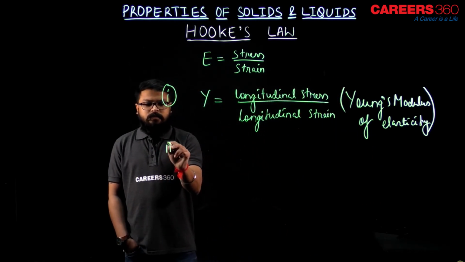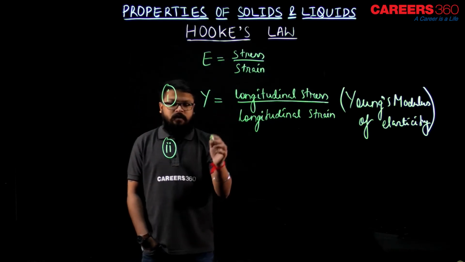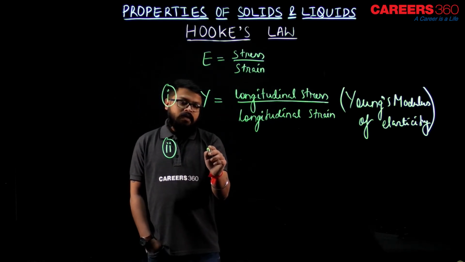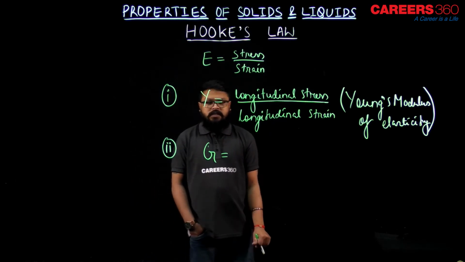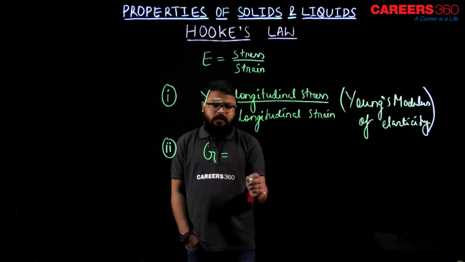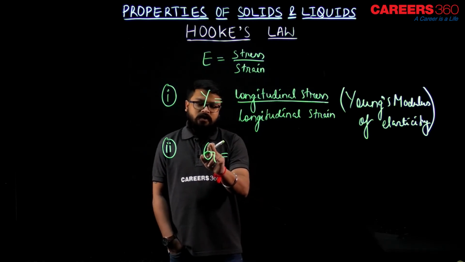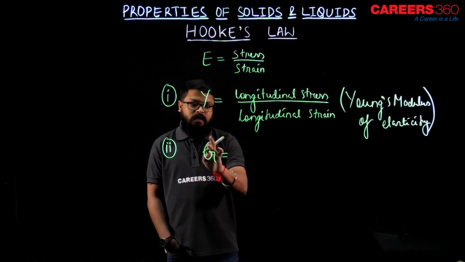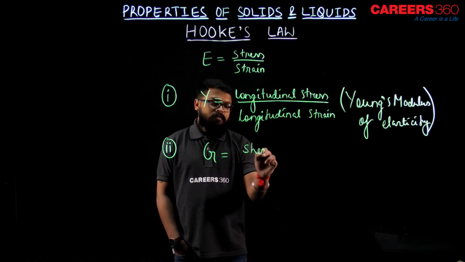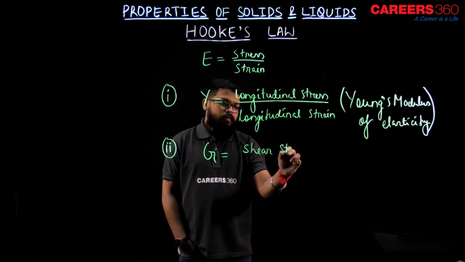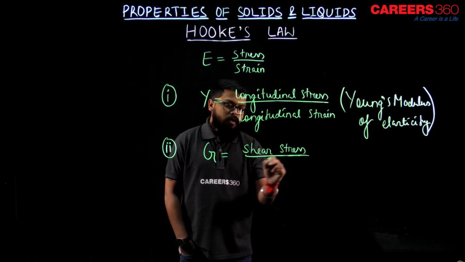The second type is called shear modulus of elasticity or modulus of rigidity. What is that? Modulus of rigidity, or shear modulus of elasticity, is shear stress upon shear strain.